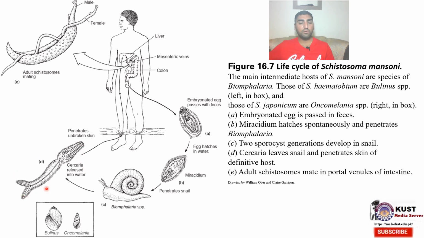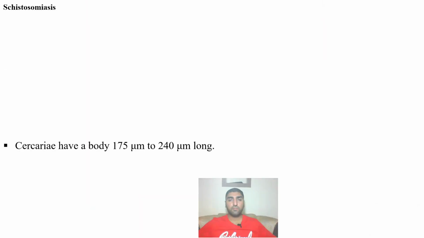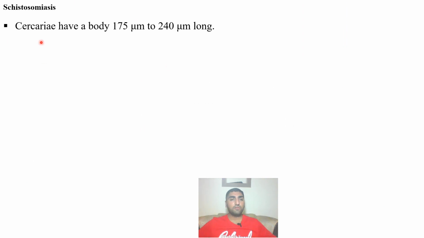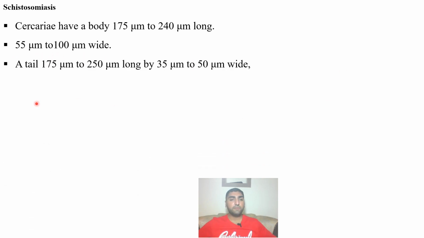This is the cercaria larva, because of its forked tail. This cercaria has a body of 175 to 240 micrometers long, and 55 to 100 micrometers wide.